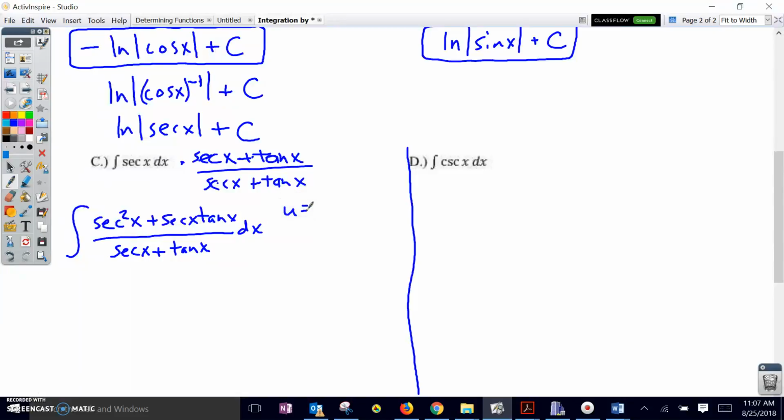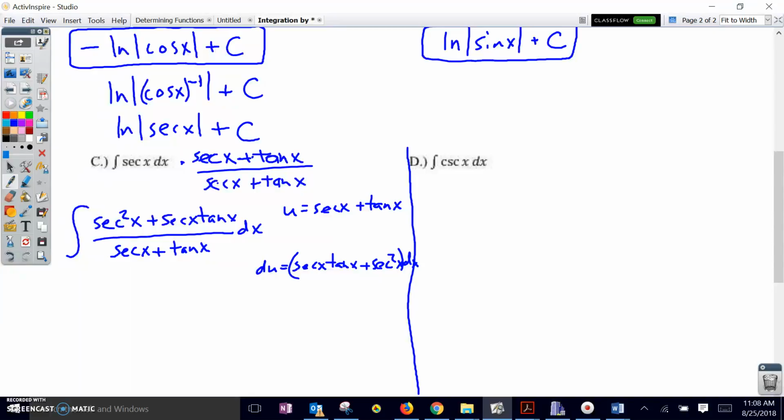So u is equal to secant of x plus tangent of x. And if I make that substitution, then du, the derivative of secant, is secant of x tangent of x. The derivative of tangent is secant squared of x, dx.